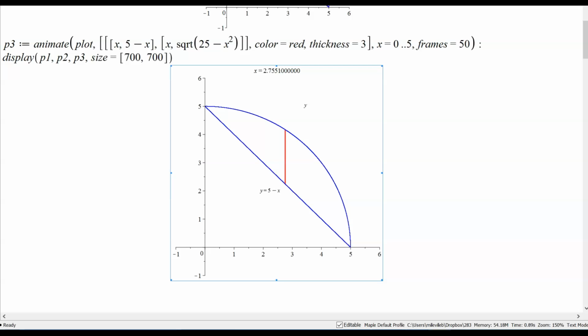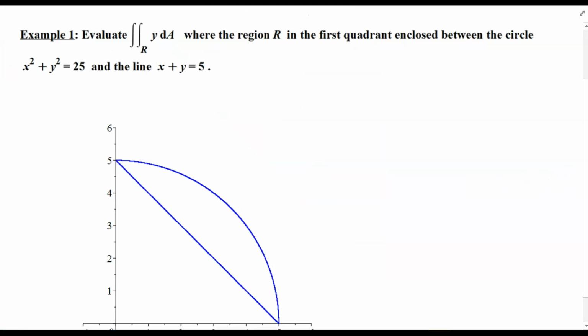As we're going from 0 to 5, the bottom and the top change with x. Those y values change with x, and that's why we are going to get an inner integral which is going to be dependent on x. The limits of integration are going to depend on x. So going back over to OneNote, let's see how we're going to analyze this.